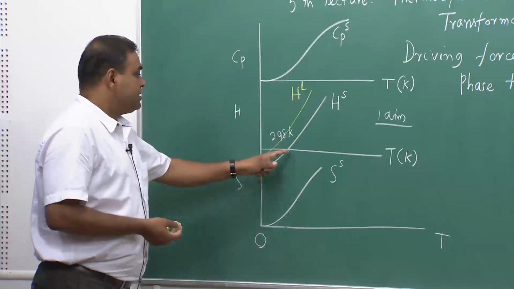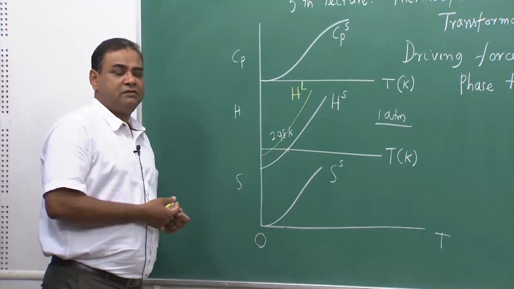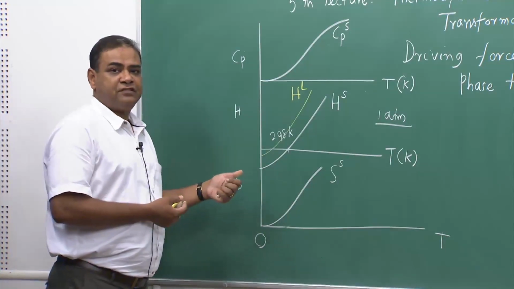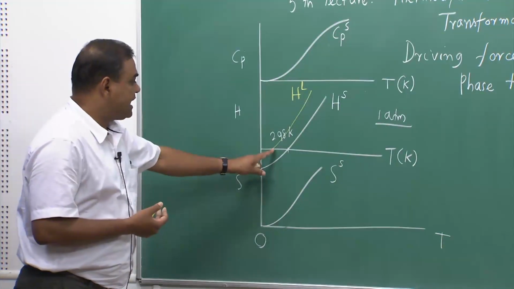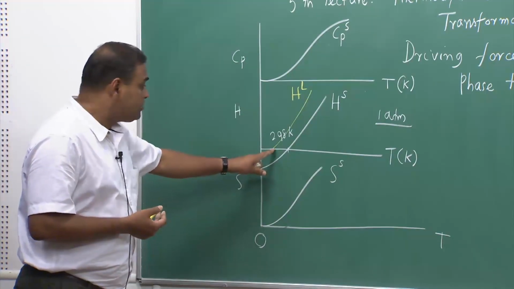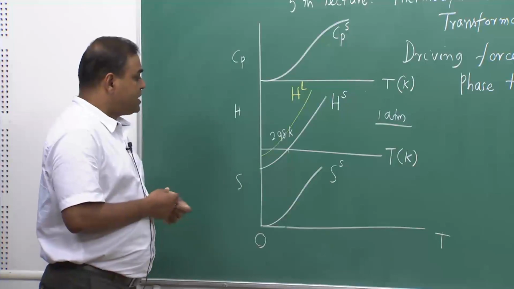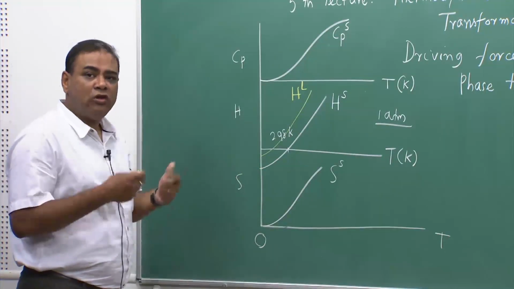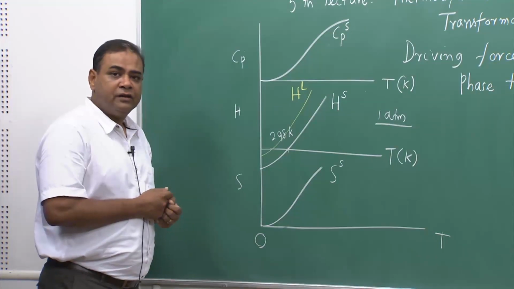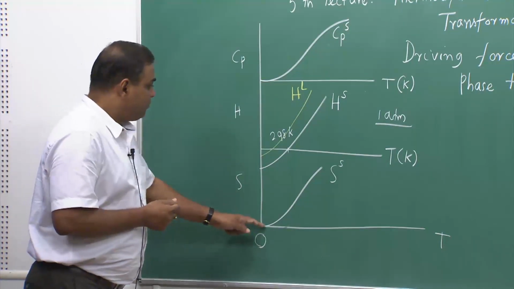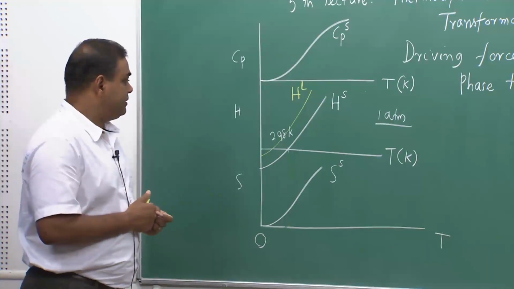Other than that particular temperature, for other phases the 0 would appear at different temperatures. It appears at this temperature because the enthalpy of liquid is higher than the enthalpy of solid. Now, entropy of liquid also would be higher than the entropy of solid, because the Cp of liquid is higher than the Cp of solid.